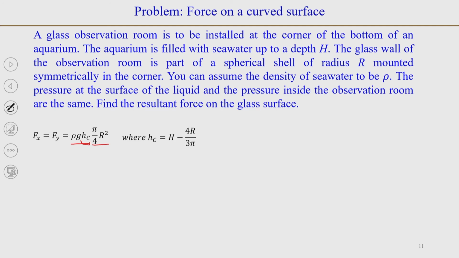So, the distance of the centroid from the top surface will be h, the depth of the liquid or the distance from the liquid level to the center, minus the location of the centroid, so 4 r by 3 pi.